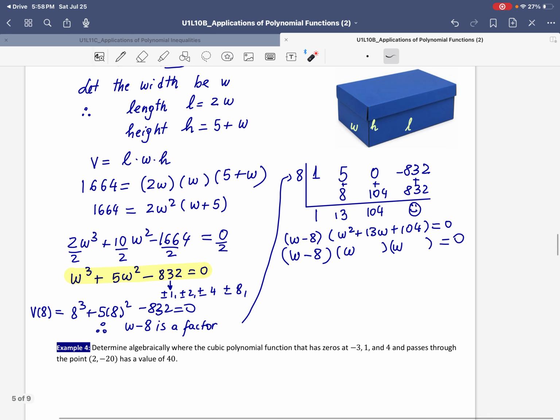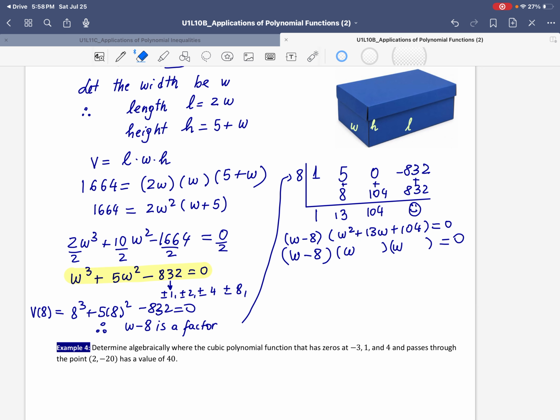So I am going to use the quadratic formula. It's a little bit faster. So 13 squared minus 4 times 1 times 104. And it seems to me that we get a negative discriminant if we try to solve this.